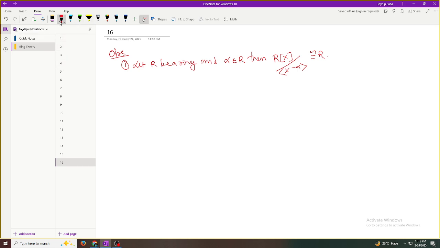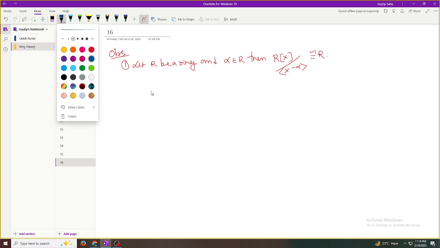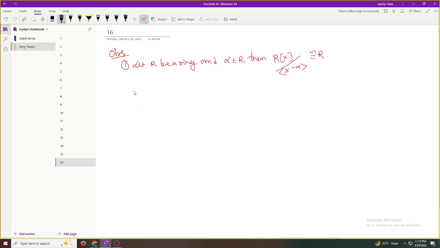So, what is this? Consider f(x) goes to f(alpha). Check that it is a ring homomorphism.